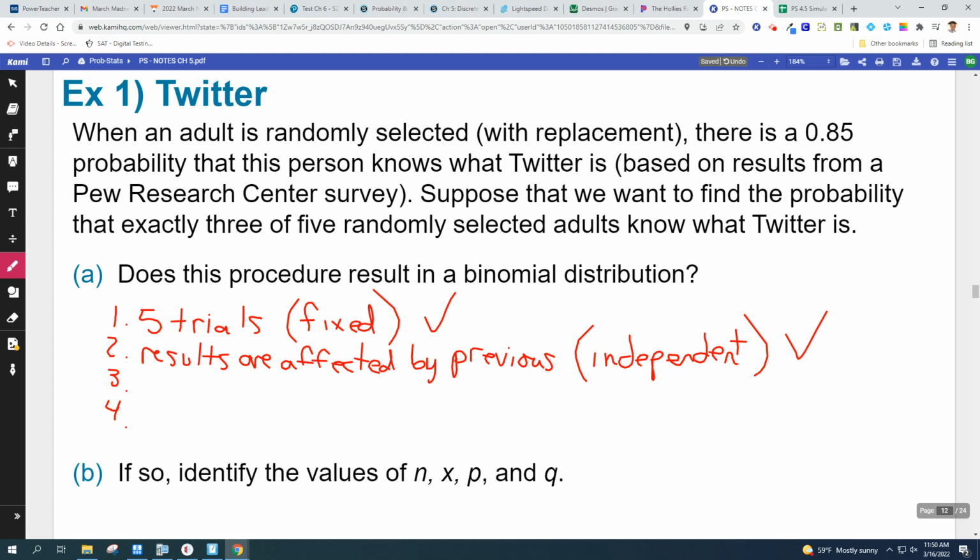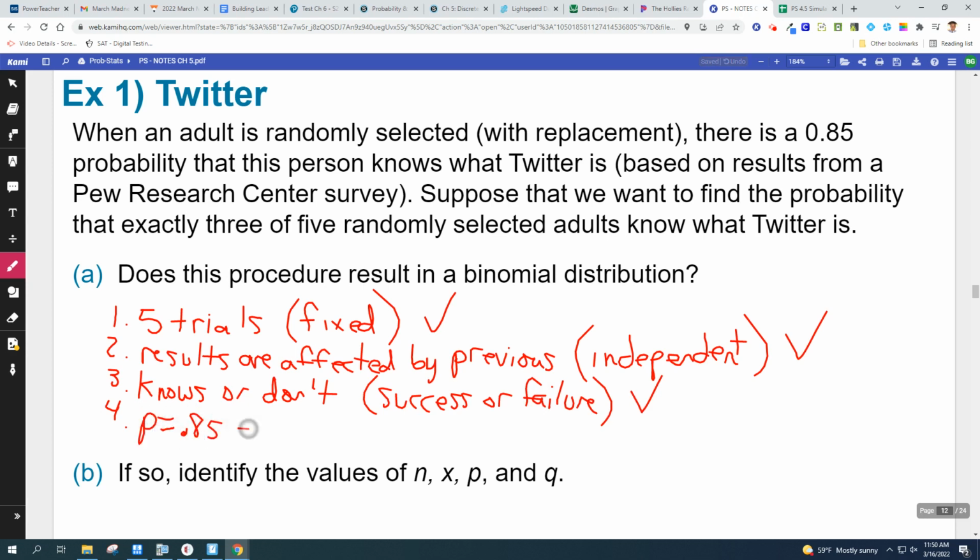3, either they know or they don't know. That's your 2 things. That's your success or failure. And then 4, the probability is 0.85 every time.